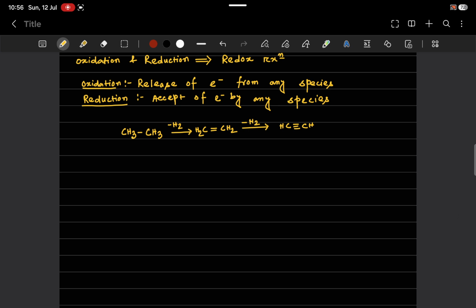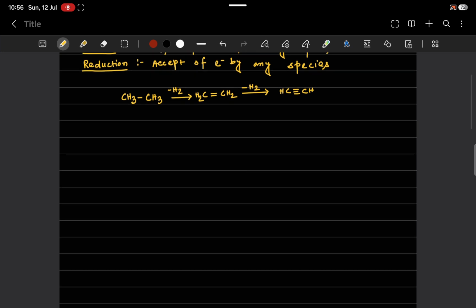So in organic chemistry, when we consider a particular reaction as an oxidation reaction, that is very important. A very simple example I would like to take here: if we take just methane, and if we incorporate some heteroatom, let's say one fluorine atom, it will be converted to CH3F.